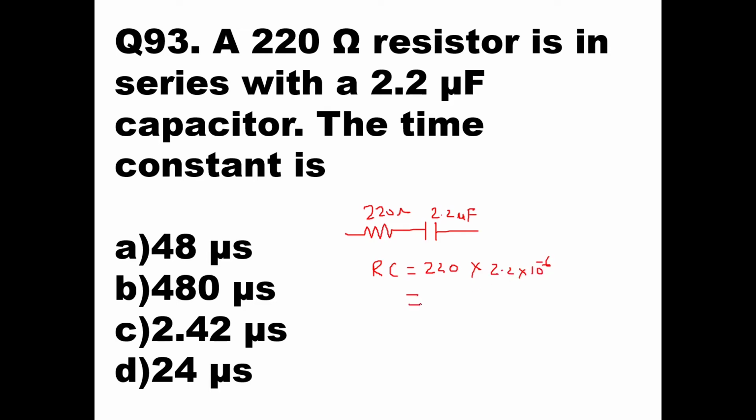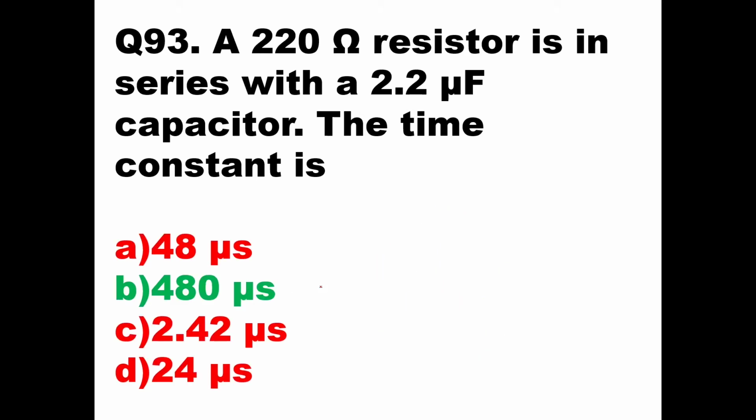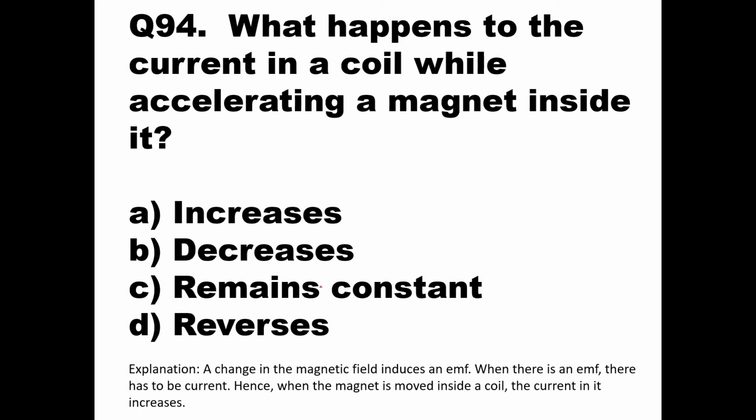So this is nothing but 220 into 2.2 is 480, 480 into 10 to the power of minus 6. So this is nothing but 480 microseconds. So time constant is equal to 480 microseconds. So this is the answer. Answer B, that is 480 microsecond. So here the right answer will be option B, 480 microsecond. Then we'll go to the next question.